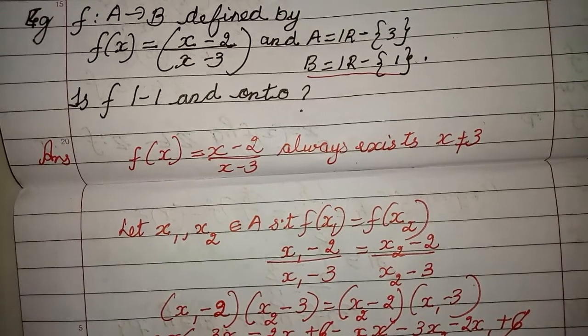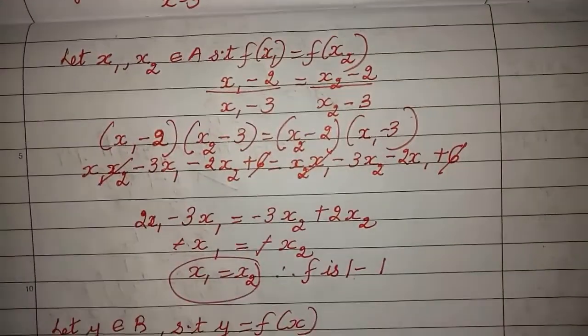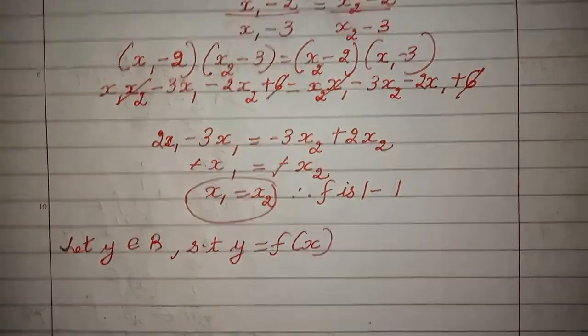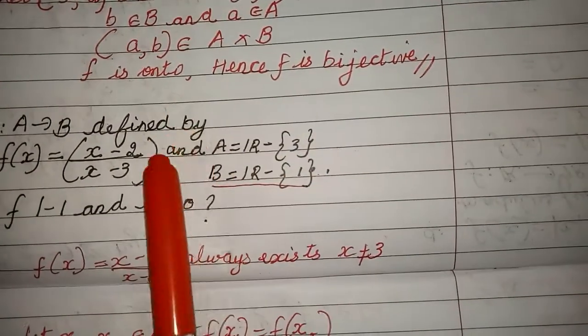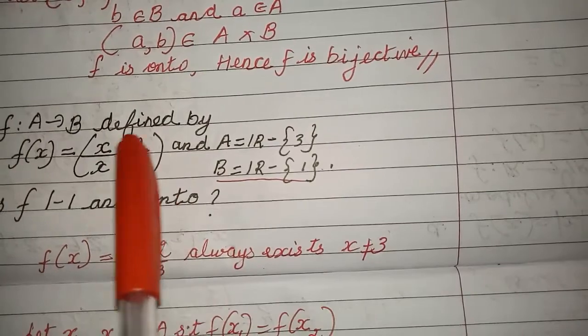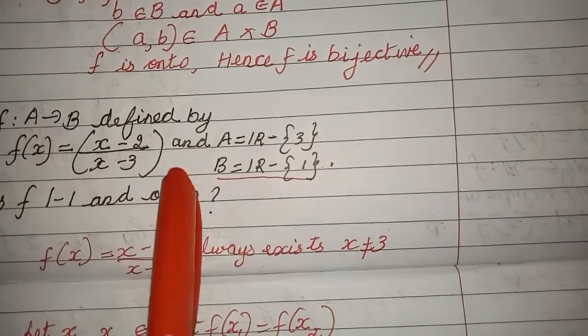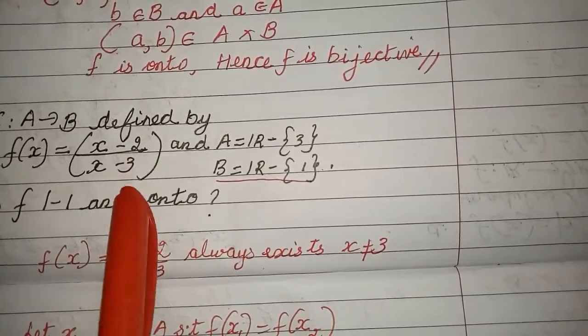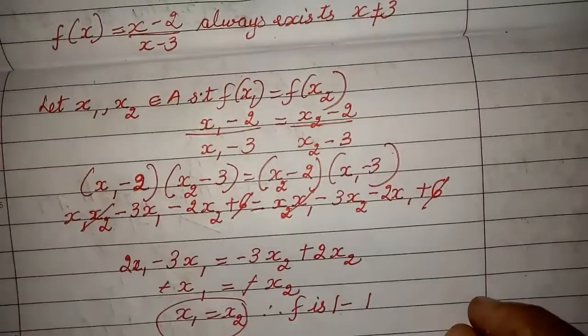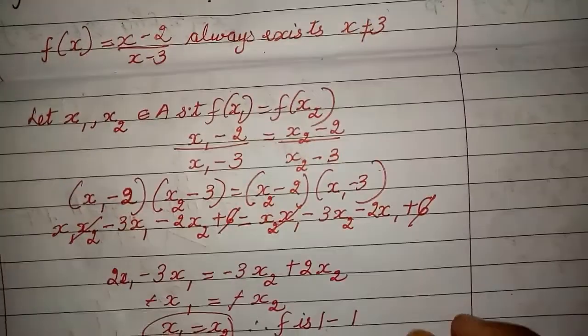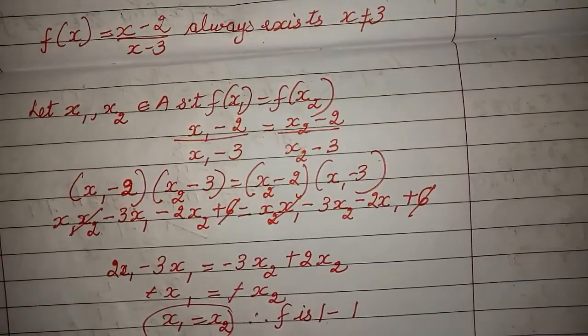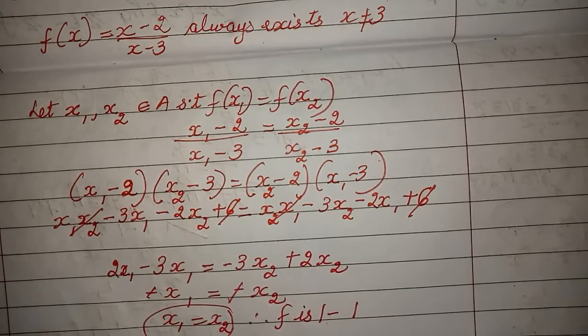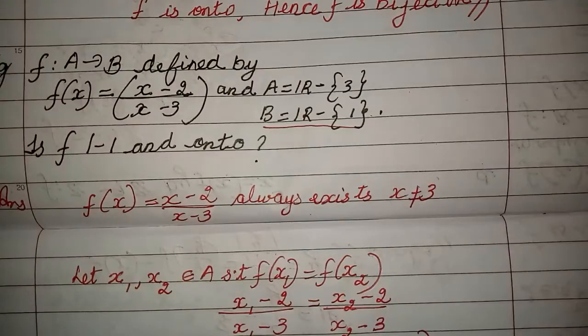Now here guessing is not possible, even though I told you that you can go for an example or counterexample. Looking at the complexity of the set, it is very difficult for me, because if I make some oral calculation mistake, then it will be wrong. So I'll go for the general. Okay, so y equal to f of x. Now f of x is defined as (x minus 2) upon (x minus 3). This is given to me in the definition.